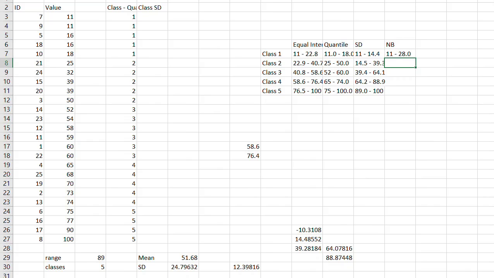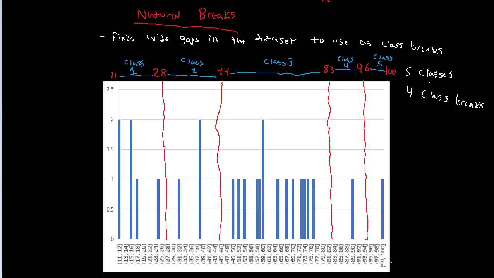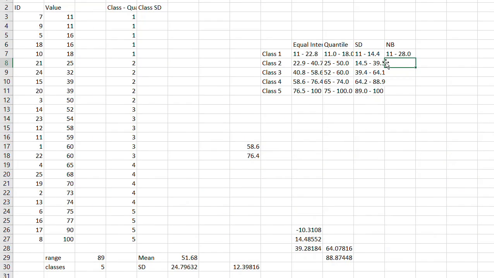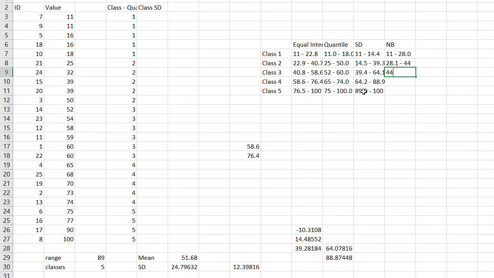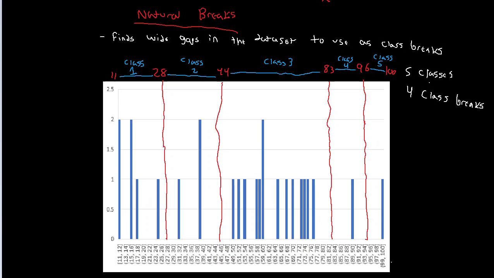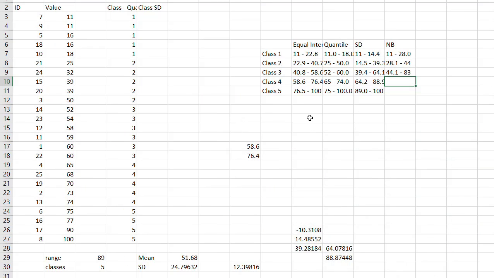I'm going to be switching back and forth here just because my memory is not very good. 28 to 44. 44 to 83. 83 to 96. And then 96.1 to 100.